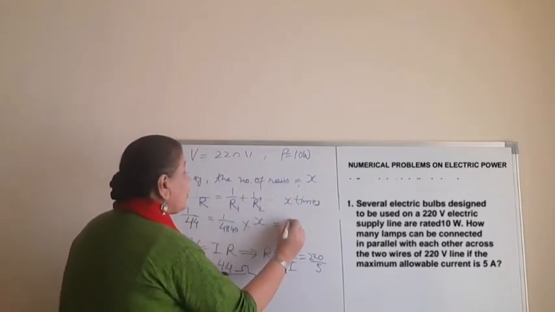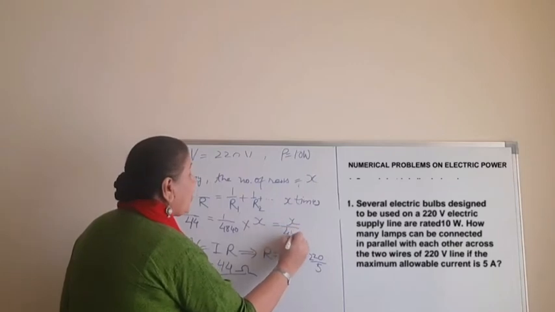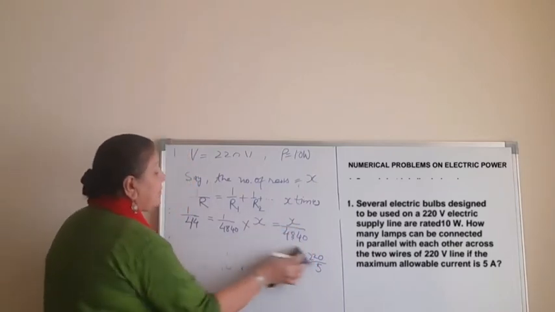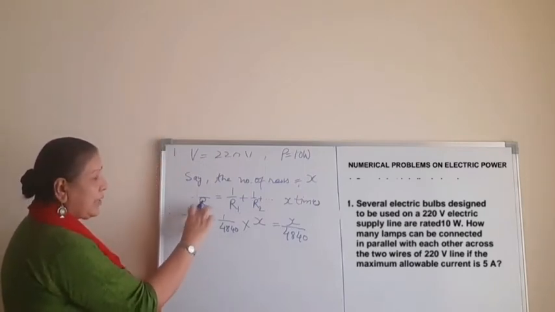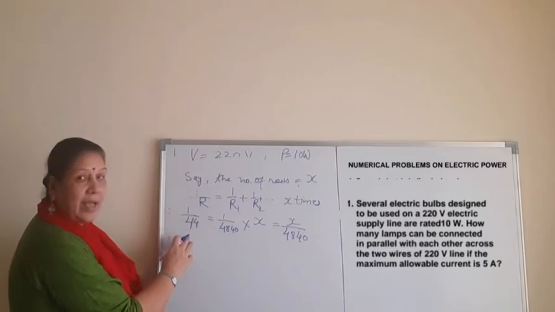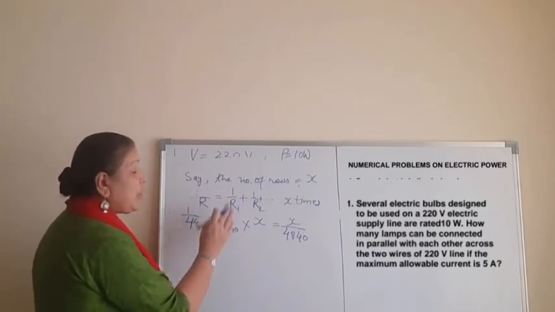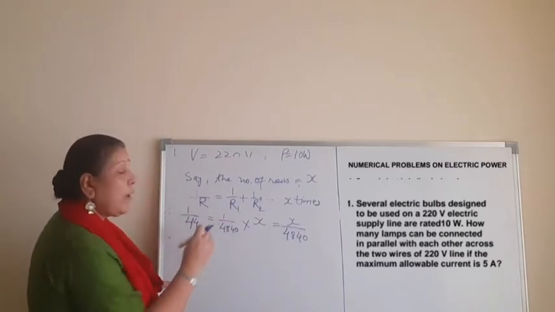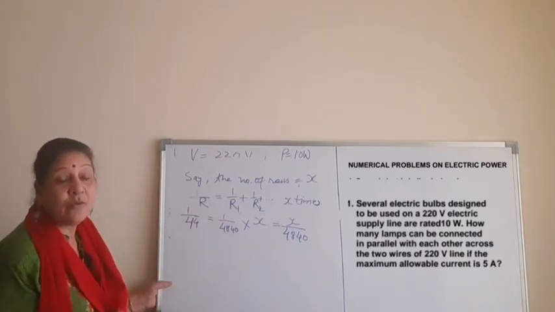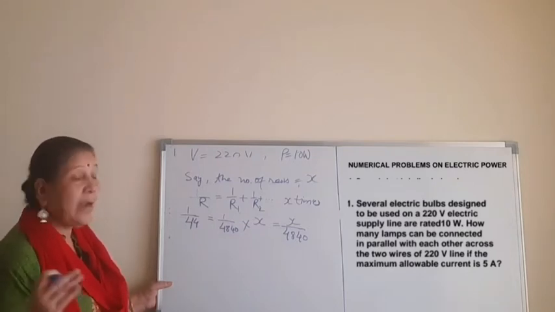So it will be equal to X upon 4840. So we have the relation here that 1 upon R, the total resistance of the circuit, that is 44 ohm, is equal to 1 upon the individual resistance, 1 upon 4840, into X, because we have assumed the number of resistances are X.